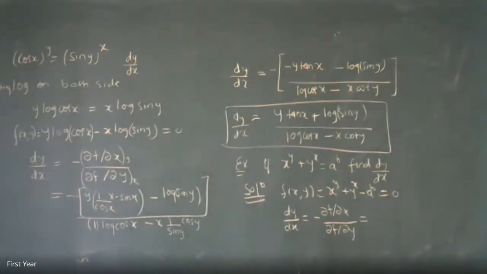If you are not getting it, you ask me. You have to basically differentiate the function with respect to x. You have to write the derivative of x raised to y and the derivative of y raised to x. a and b are constants. The derivative of a constant will be 0. And then differentiate the same function with respect to y. a raised to b derivative will be 0.